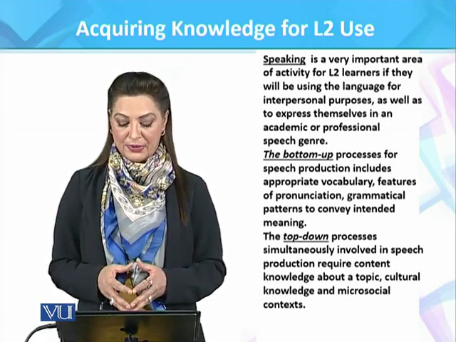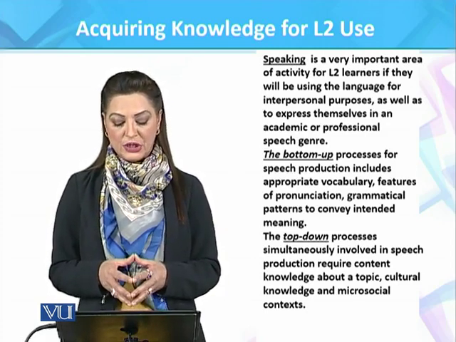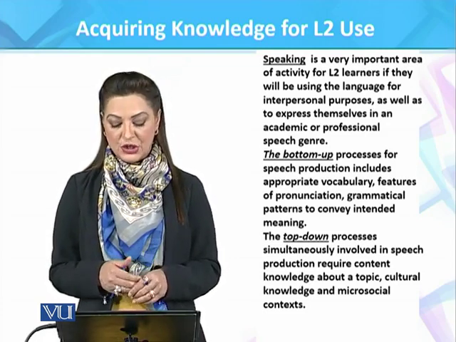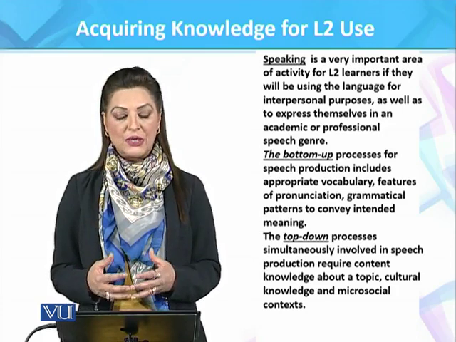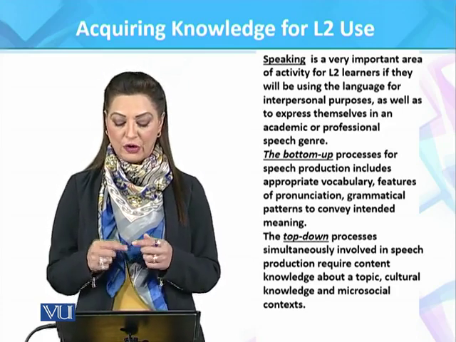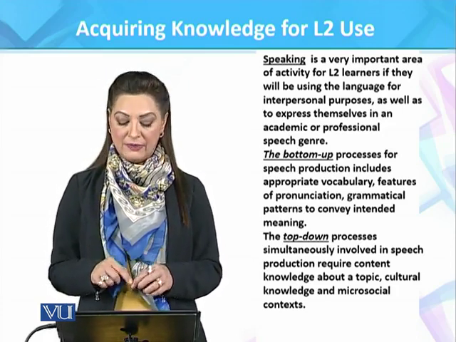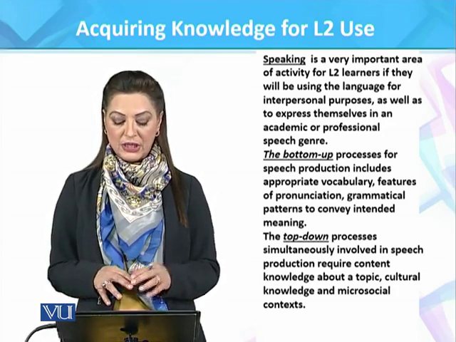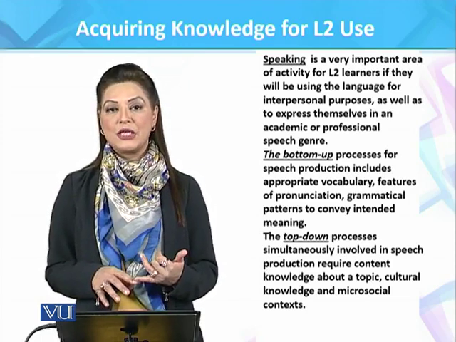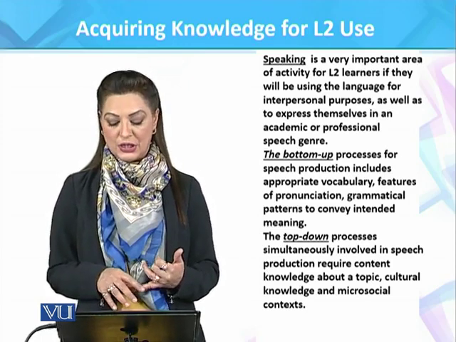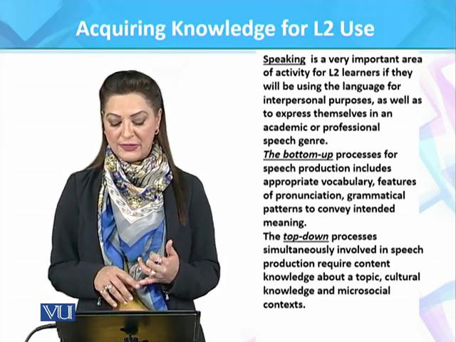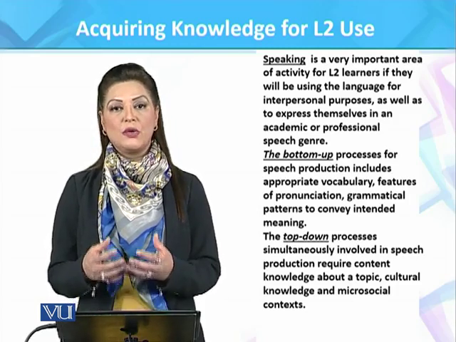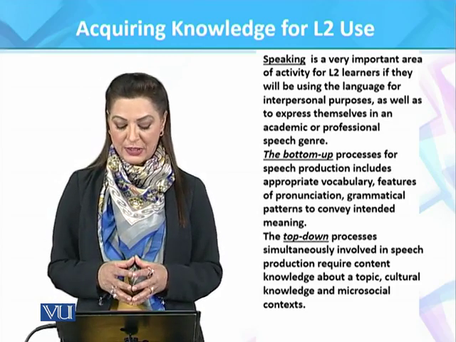The bottom-up processes for speech production involve appropriate vocabulary, features of pronunciation, and grammatical patterns to convey the intended meaning. So for this particular skill, the bottom-up requires speech production, where the learner is required to have the correct pronunciation, the correct choice of words, and the kind of pattern they are going to use, which will convey their speech.